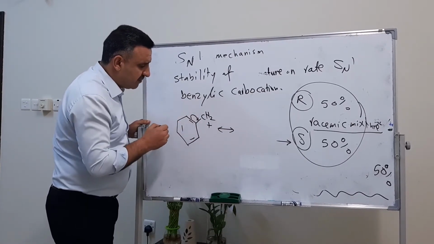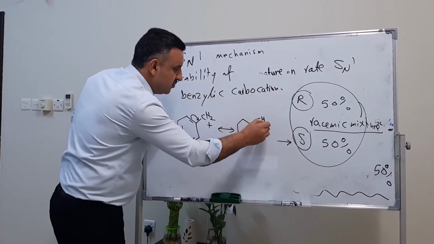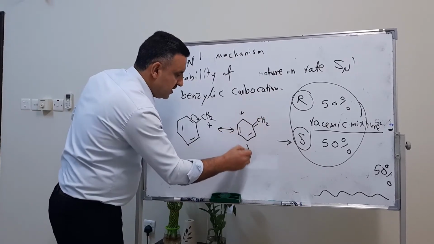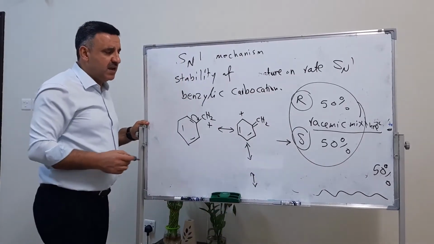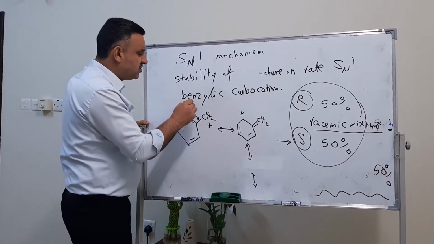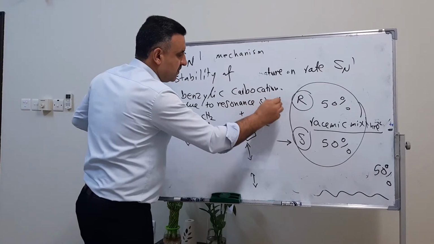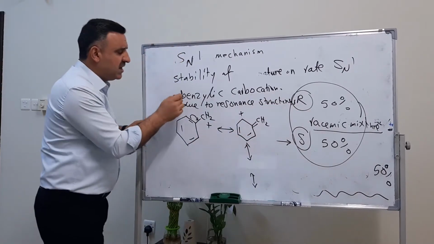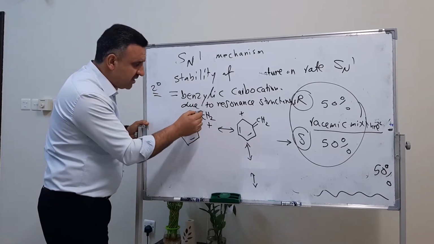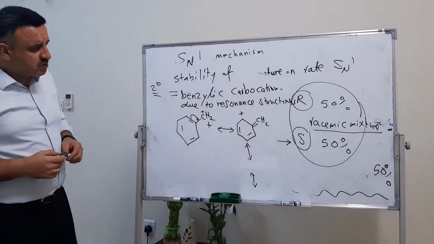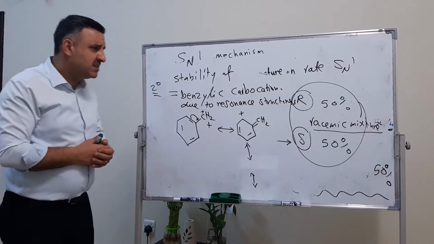The double bond comes here and we simply have this resonance structure, CH2 and then plus, and then we can continue. You follow me? Due to the resonance structures, the stability of the benzylic carbocation is almost like the secondary carbocation. Although it is primary, due to the resonance structures which we may draw, the stability of the benzylic carbocation is approximately the same as the stability of the secondary.